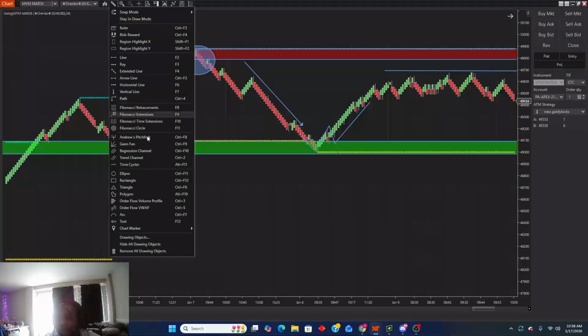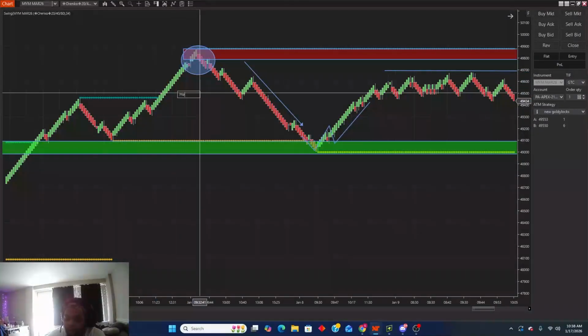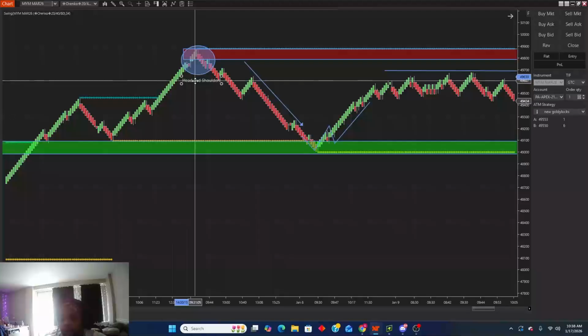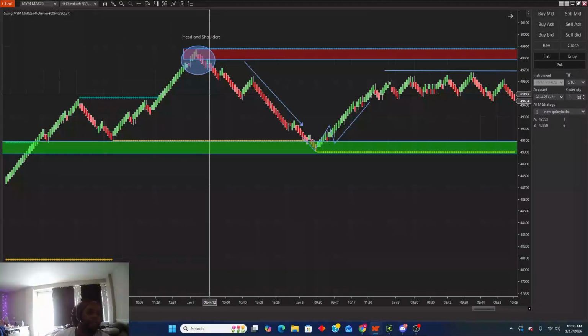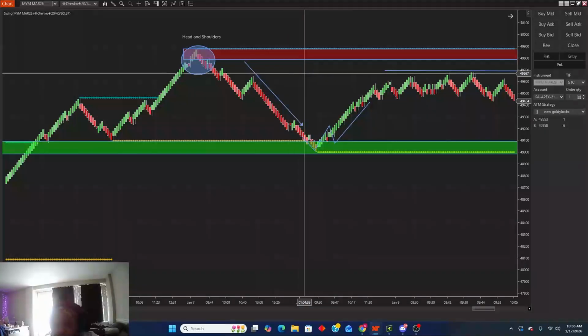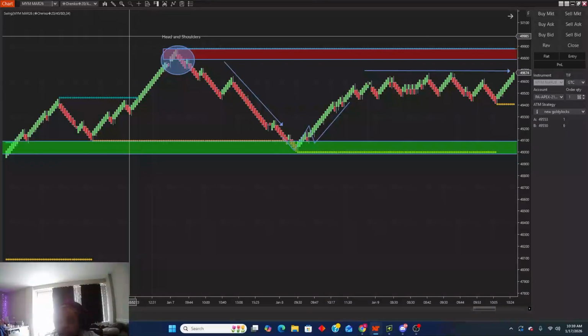But what you have here is a head and shoulders. With this head and shoulders, that implicates a sell pattern. That's an STC sell pattern.